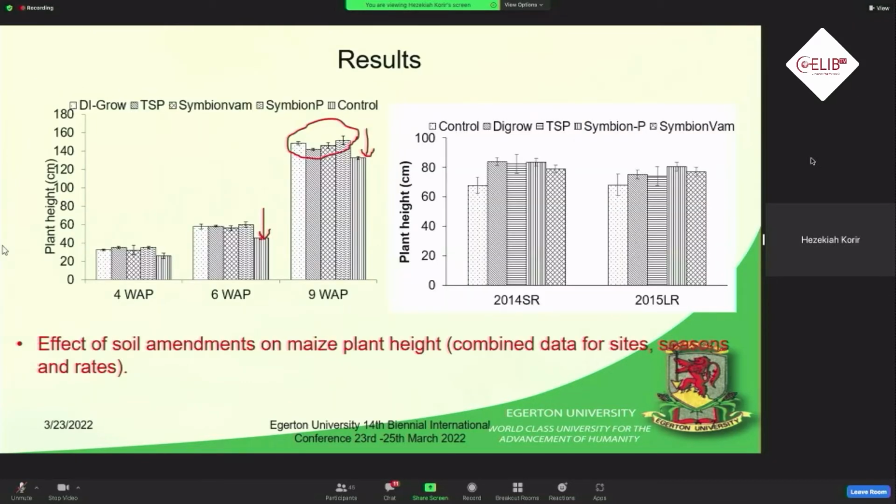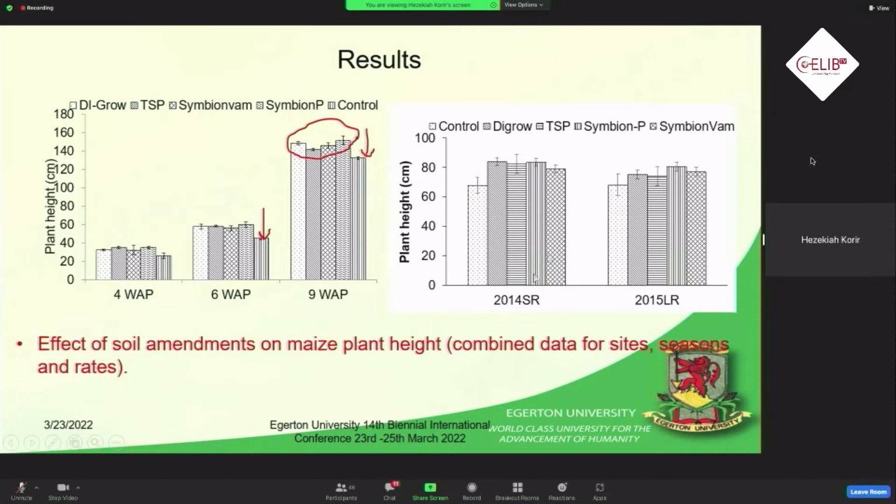So on the results, this is the effect of these products on the plant height. We measured at 4 weeks after planting, 6 weeks after planting, and also at 9 weeks after planting. You see that at later stages, at 6 weeks and 9 weeks after planting, the control was significantly lower in height compared to the products, meaning that the products were able to boost the growth of the maize.